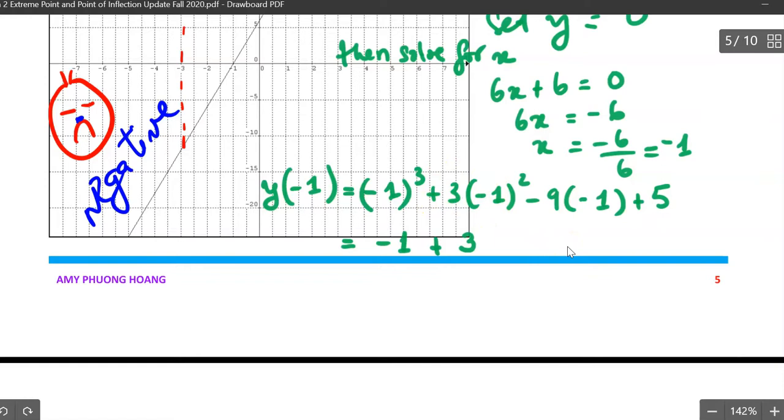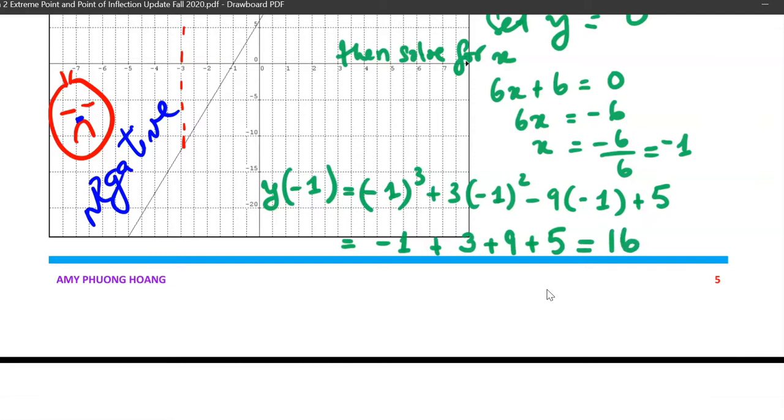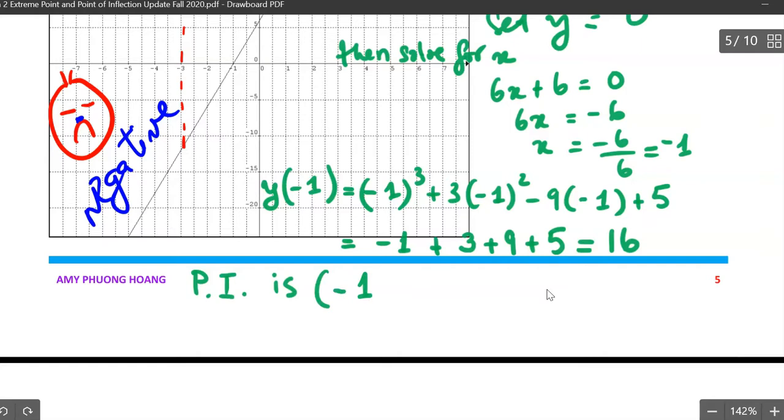I got plus 9 and plus 5 in this case, so I should have this equal to 16. So 9 plus 14 is 17, subtract 1, I should have 16. Therefore the point of inflection is when x equals negative 1, y is equal to 16.